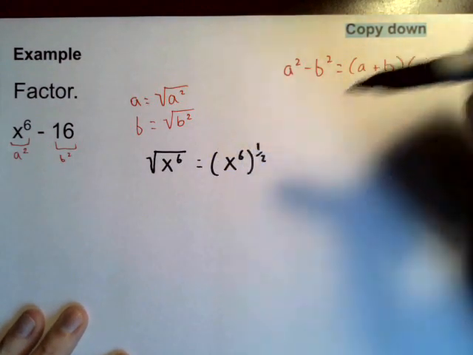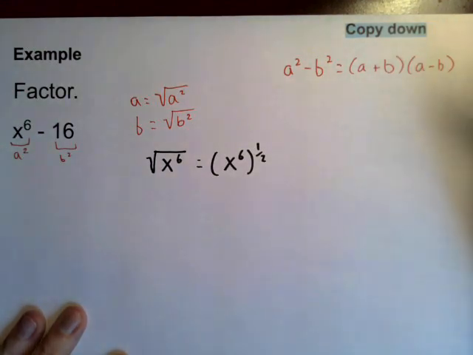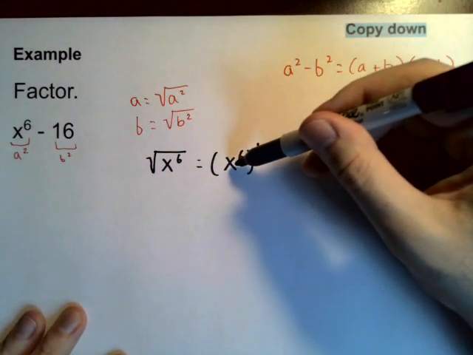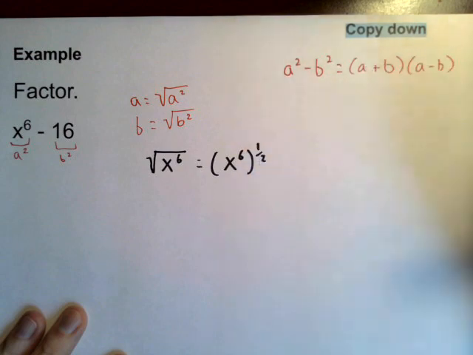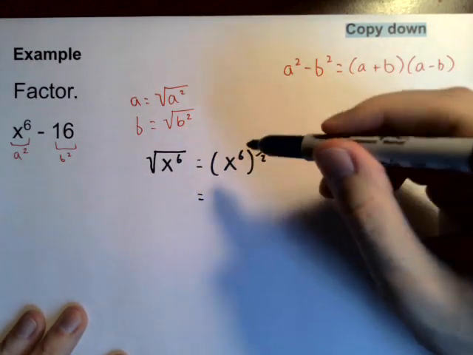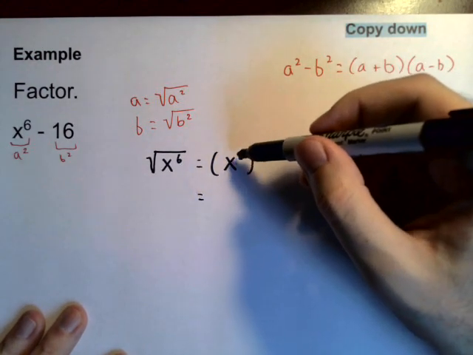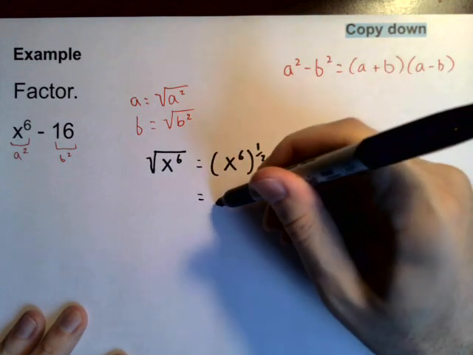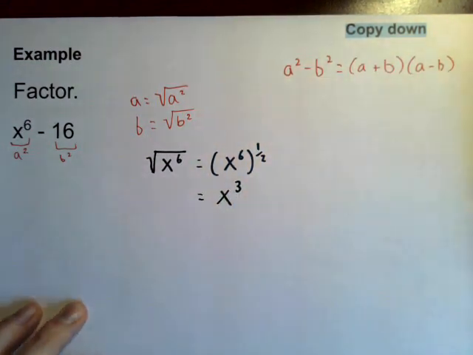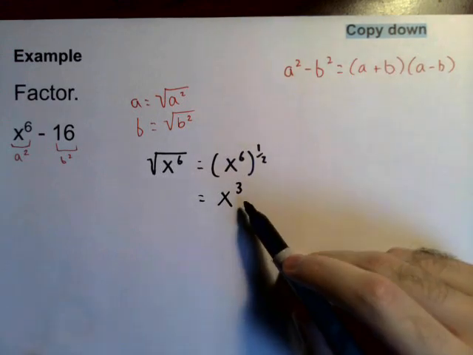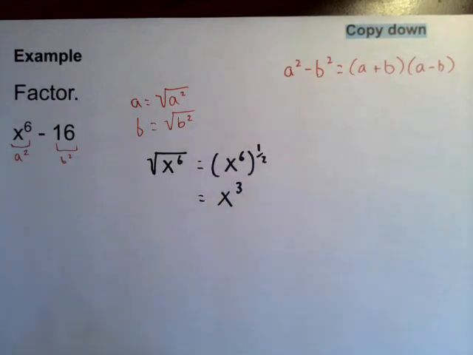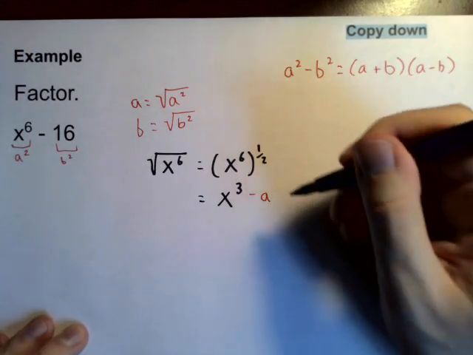And then from here it becomes an exponent rule that we've seen before, where if you're doing a power to a power, you just multiply the exponents together. So x to the power of 6, and then 6 times 1/2 is going to give you x to the power of 3. So that's our first term. This is going to be the value of a.